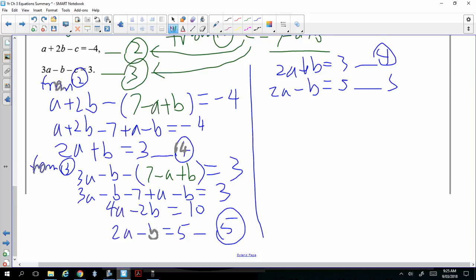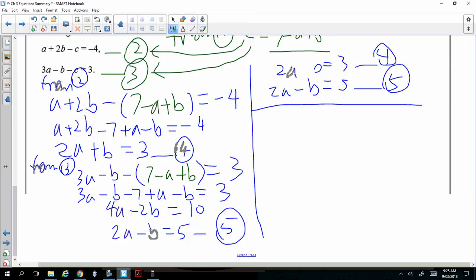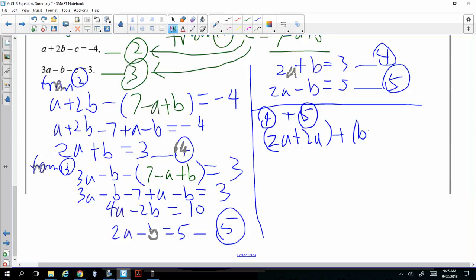If we add them, we will eliminate the B. So 2A plus 2A plus B plus negative B equal to 3 plus 5, which is 4A equal to 8, A equal to 2. And once you get A, you can find B. Once you find A and B, you can find C. That's how we work, okay?